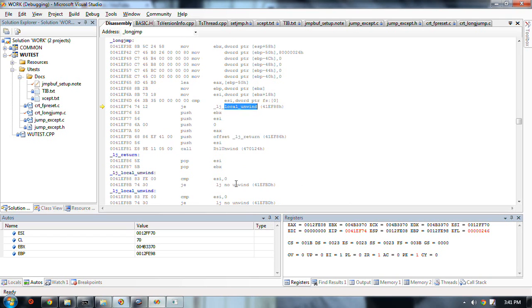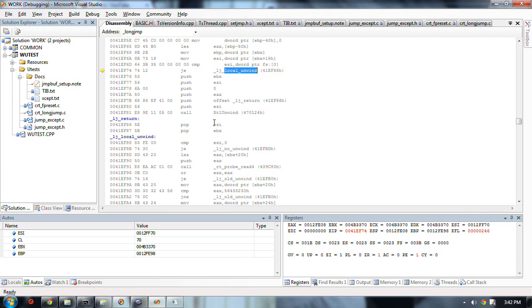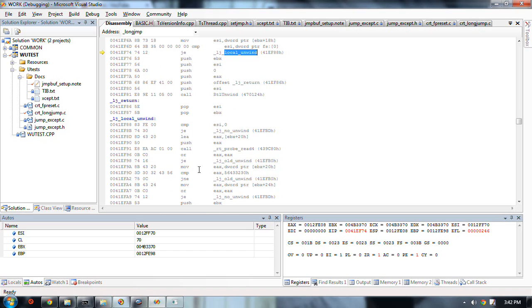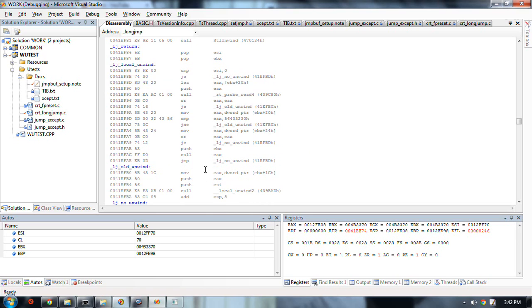Well, anyway, the label is here, and that either jumps to no unwind or something called old unwind, and old unwind calls a specific function called unwind to local unwind 2, which I don't know what that is.